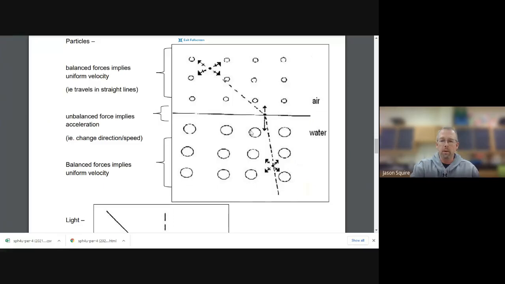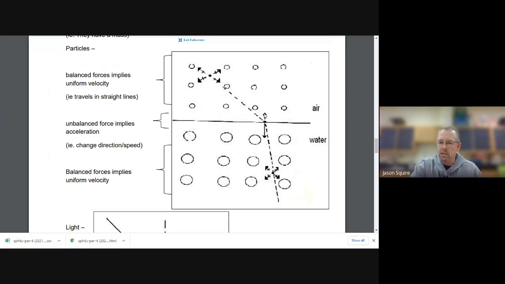If I jump ahead, when this particle is in the water, this same type of scenario would happen. The forces would be different sizes because the water molecules are bigger, so the size of the gravitational attraction would be more. But again, down here in the water, it would be a net force of 0. Where the interesting thing happens is near the boundary layer.